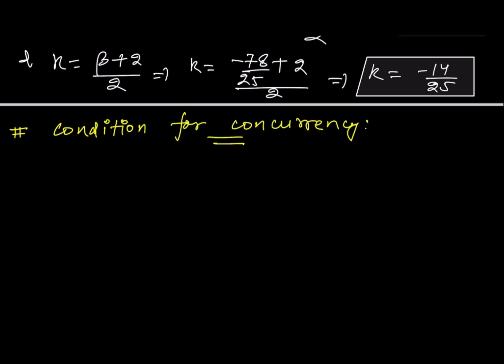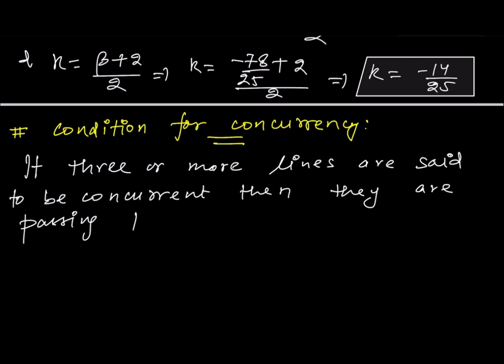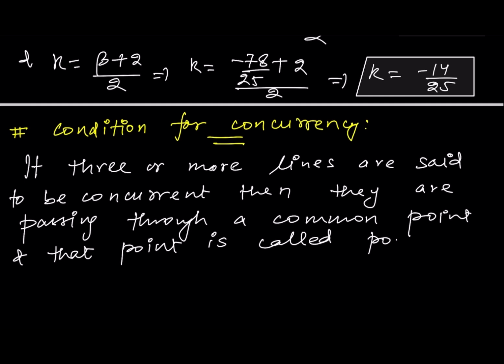So in this we write, if 3 or more lines are said to be concurrent, then they are passing through a common point. That point is called the point of concurrence.